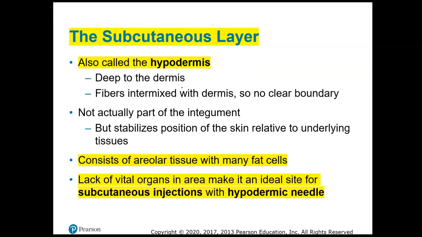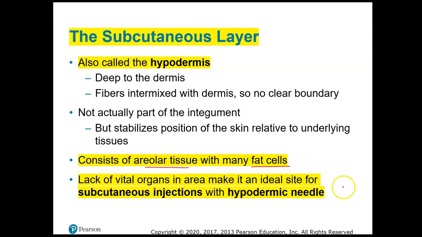And then below the dermis, even though this is not technically part of the integumentary system, the layer below the dermis is called the hypodermis or subcutaneous layer. The tissue that forms the hypodermis is areolar tissue and also some adipose tissue, which consists of fat cells or adipocytes.